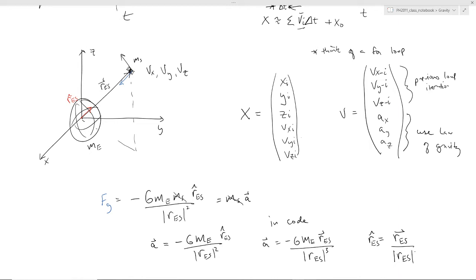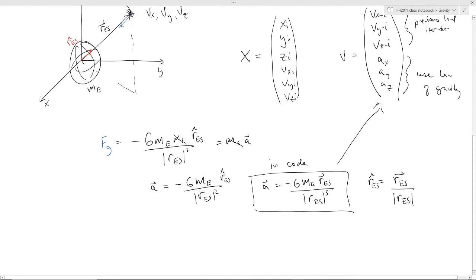This is another way to think about it, as a vector divided by its length. Then you're just left with a vector that would have a length of 1, but that would still point in the original direction that you're trying to get at. So this is our acceleration that we're going to have here. So we're going to use Newton's law of gravity to calculate the acceleration.